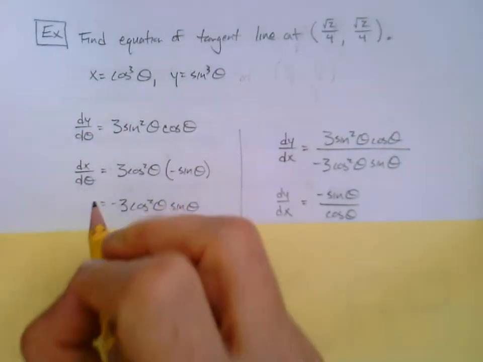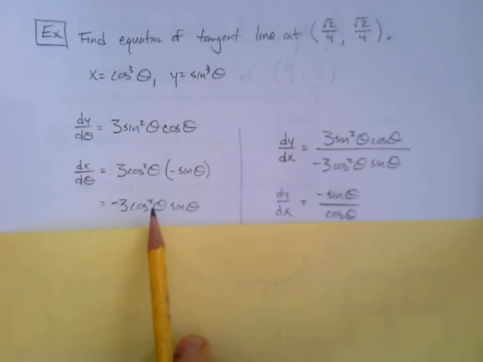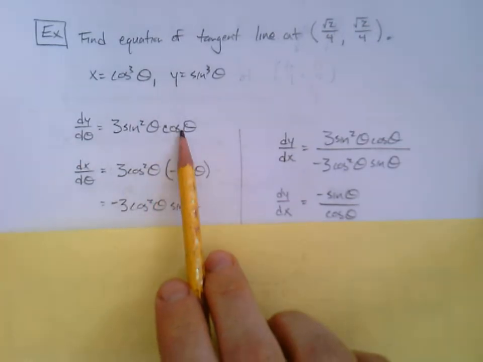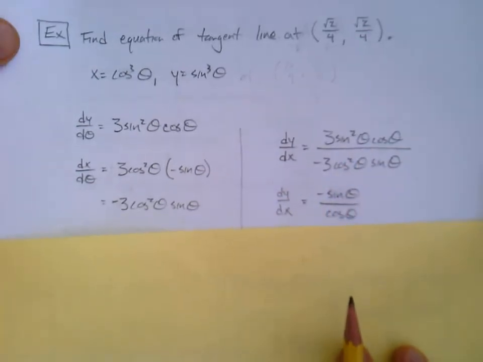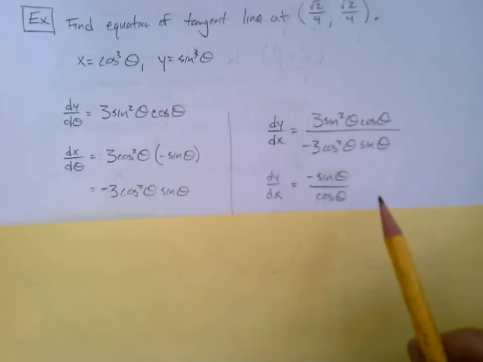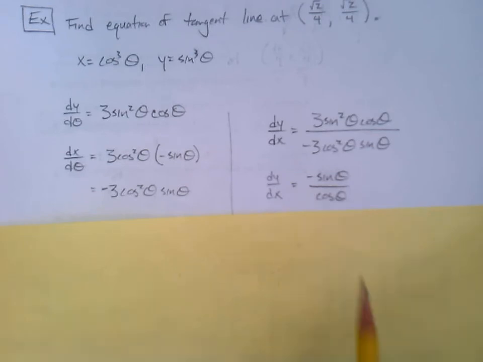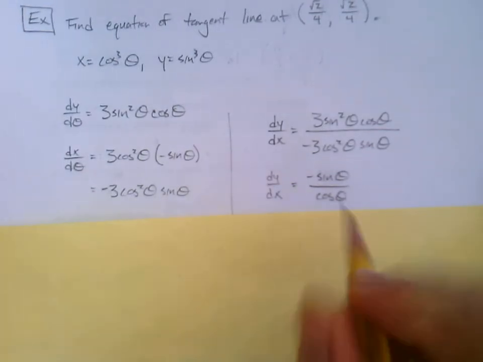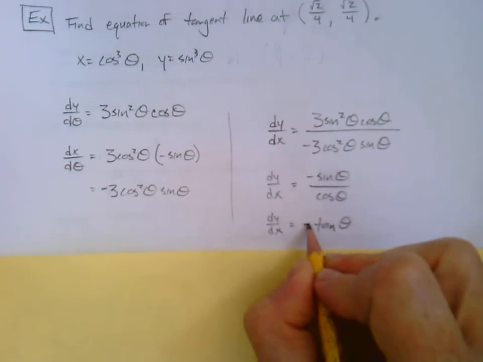Clean that up a bit, negative 3 in the front. And we take the ratio, dy over dx. Lots of things cancel out, so that's nice. A cosine and a sine and 3's. dy over dx equals negative sine theta over cosine theta, which you might even go a step further and call negative tangent theta.